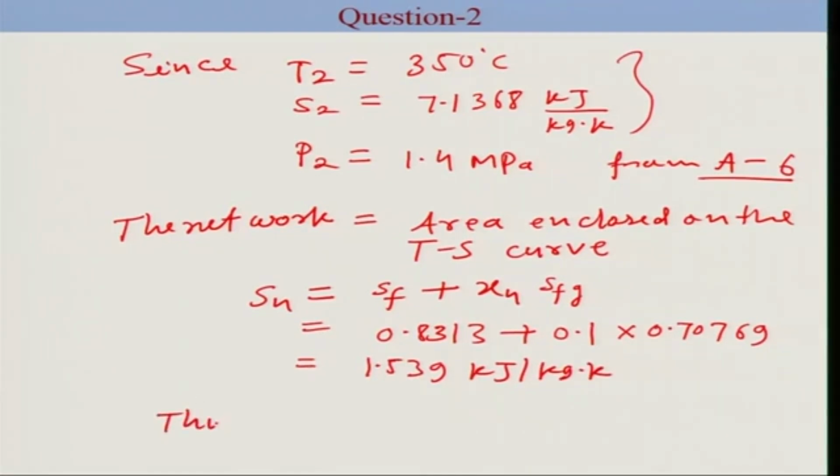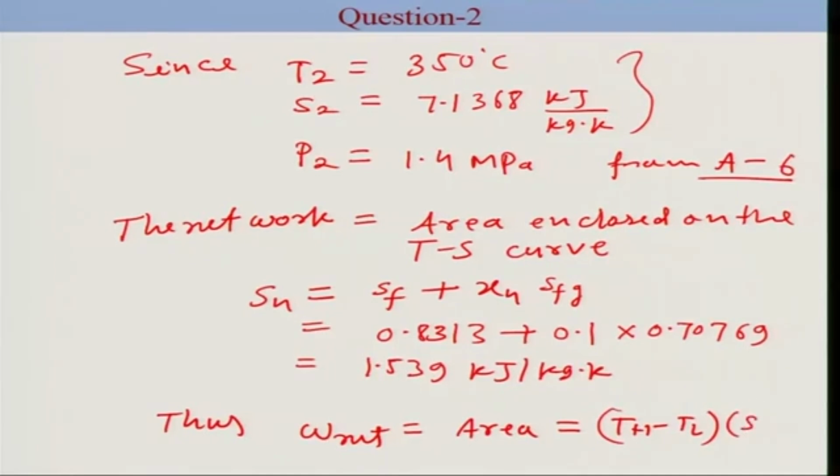Thus, W net will be equal to the area, and this area will be equal to TH minus TL times S3 minus S4. So, we have to do it here.